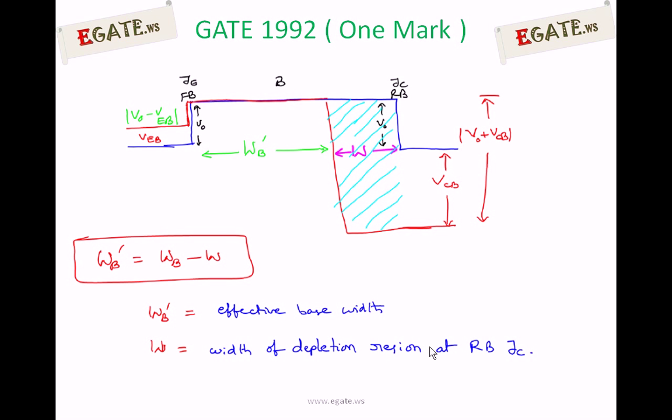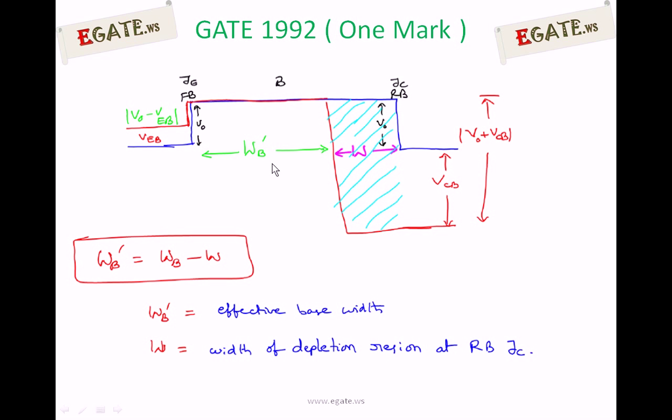If you increase the collector base voltage more and more, that is, if you increase the reverse bias, the height will increase by a large amount and the width also increases. The depletion region width is also increased by a large amount. So by that time WB dash is reduced further.